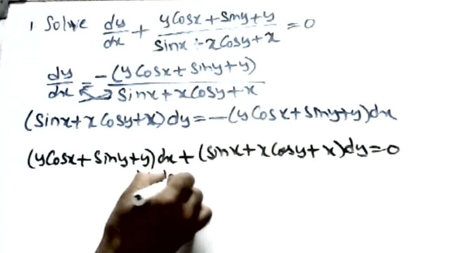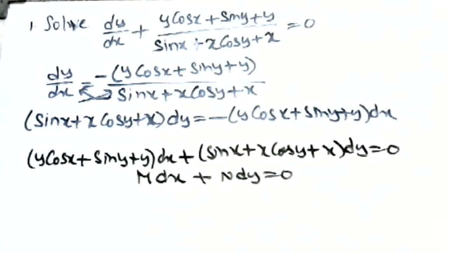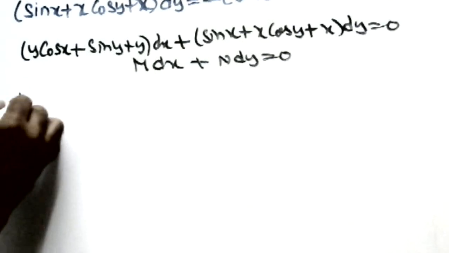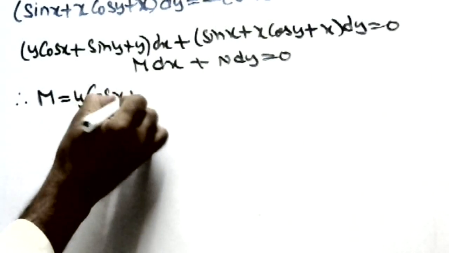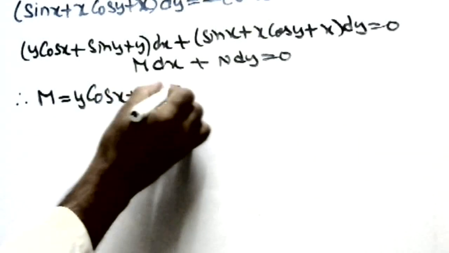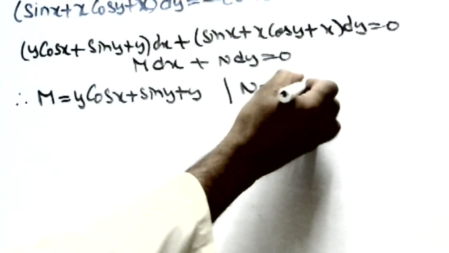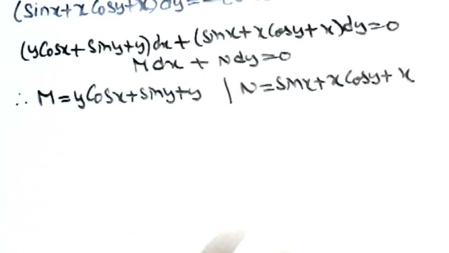Now you compare with the general equation m dx plus n dy equals 0. So what's the value of m? Therefore we have m equals y cos x plus sin y plus y, and n we have sin x plus x cos y plus x.